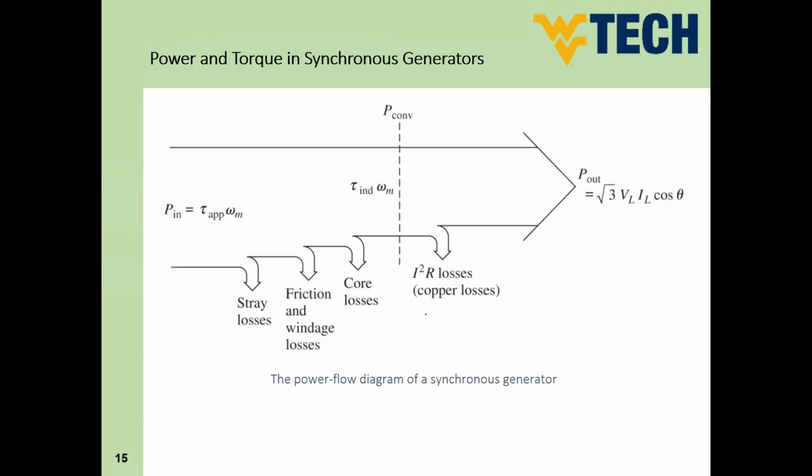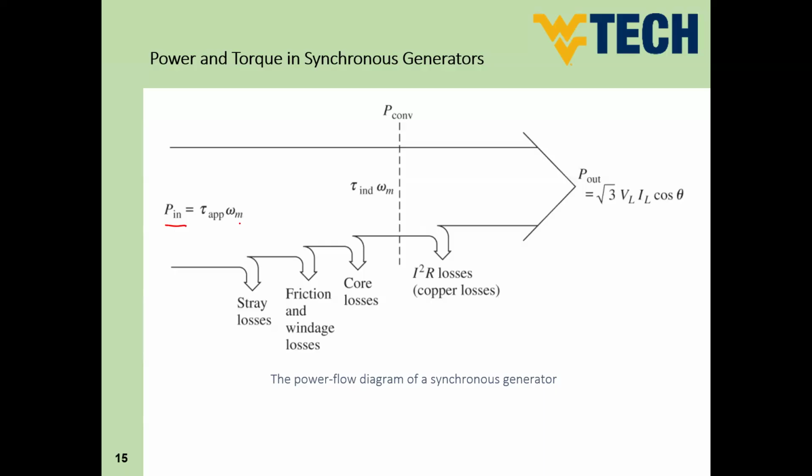So for the generator, you know that the input power is mechanical power. So P_in is going to be the applied torque, which is the shaft torque, times omega m. And again, don't forget that the machine speed is constant, which is the synchronous speed. Okay, so you don't have it like the induction motor.